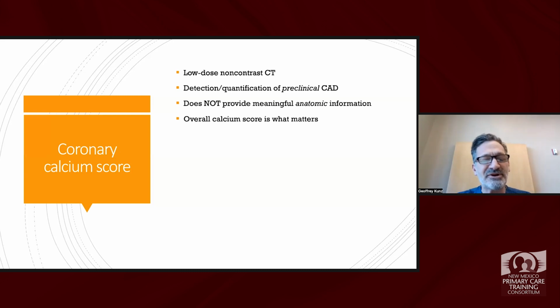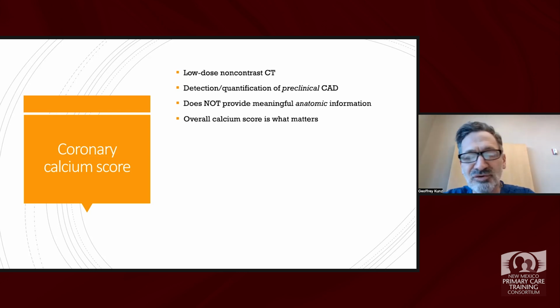Okay, so coronary calcium score is a somewhat useful test. It's a very much misunderstood test, both among providers and among the general public. It's a low dose non-contrast CT that is done for the detection and somewhat the quantification of preclinical CAD.